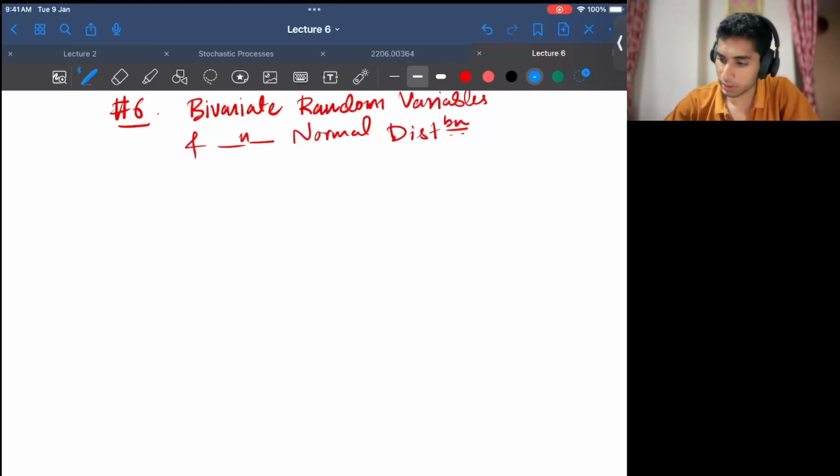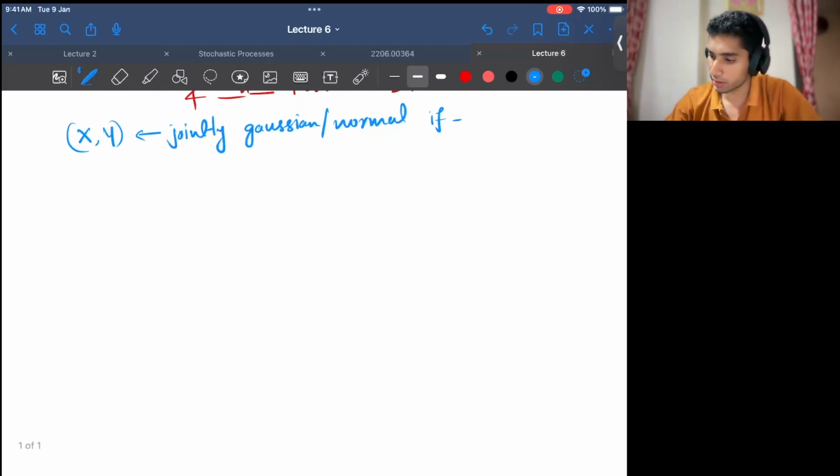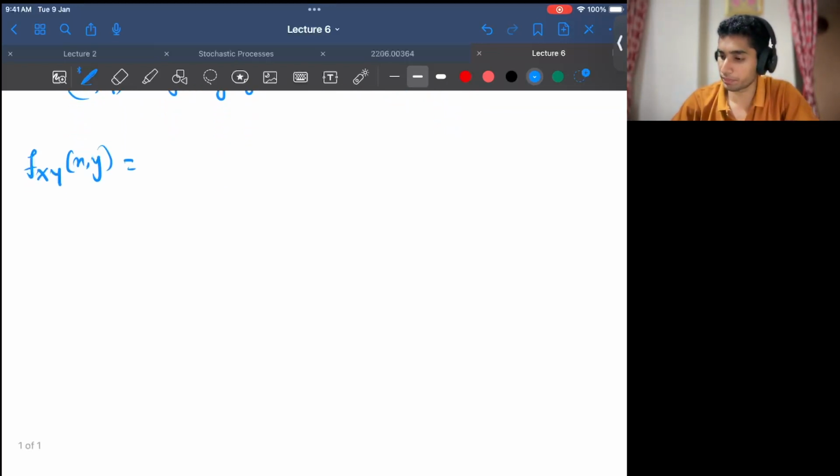We say that two random variables x comma y are jointly Gaussian or normal if their PDF or density function has a particular form. So what is that form? f_XY of x comma y is equal to some expression. What is that expression?